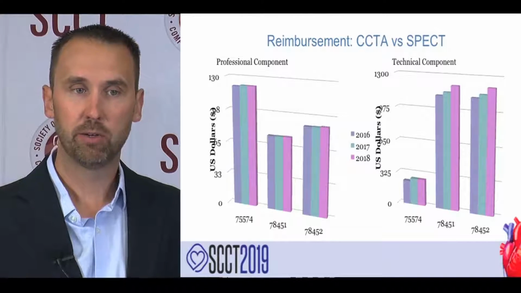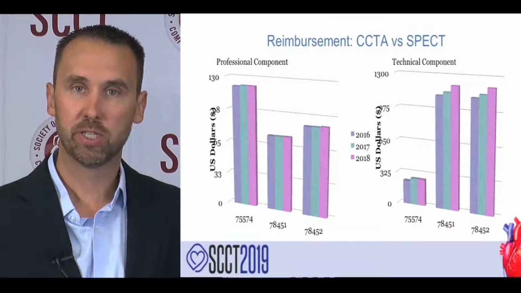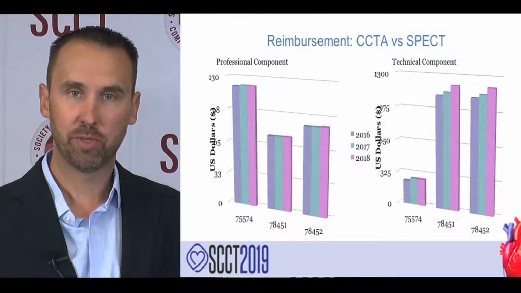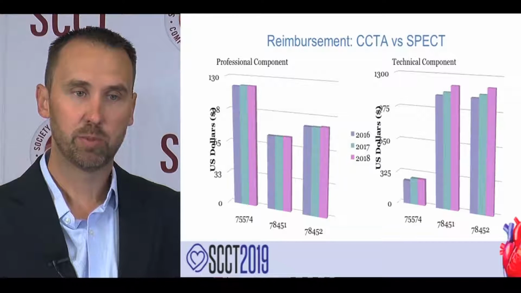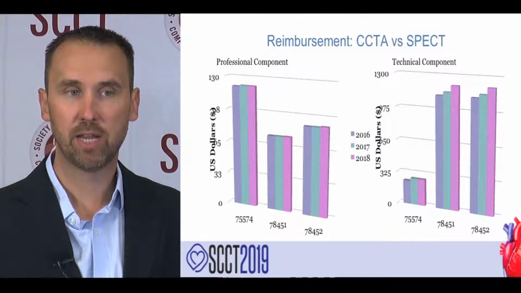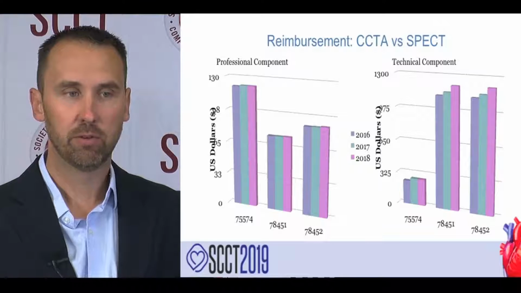But with respect to the technical fee, which is granted to the hospital system or practice, there is a wild discrepancy between reimbursement rates, with SPECT being reimbursed at roughly 6 times the rate of CT for that purpose. To me, this is one of the single biggest drivers for why CT, despite data showing benefit and good patient outcomes, has not had widely uptake and adoption across the country at an appropriate rate.